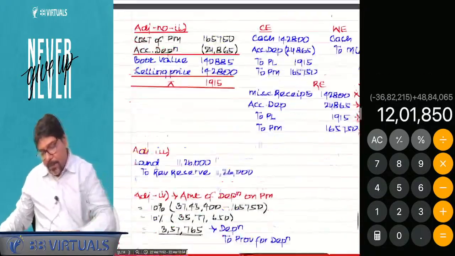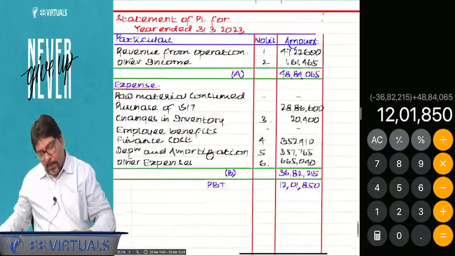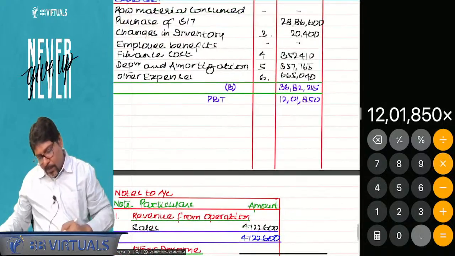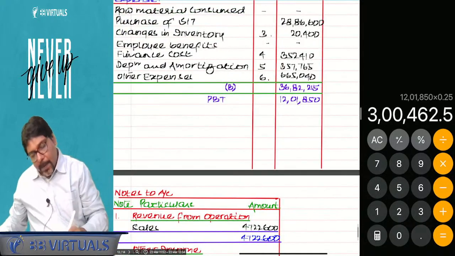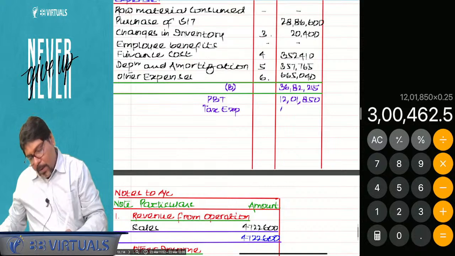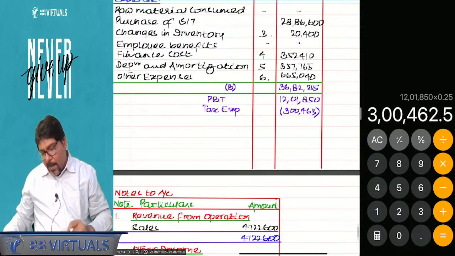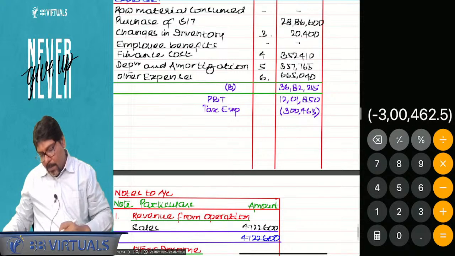How much? 25%. 0.25. Tax expense 12,01,016.